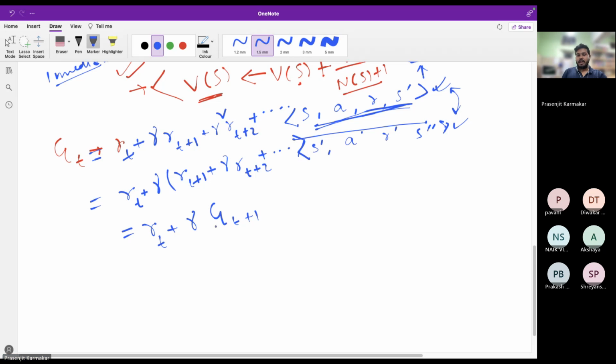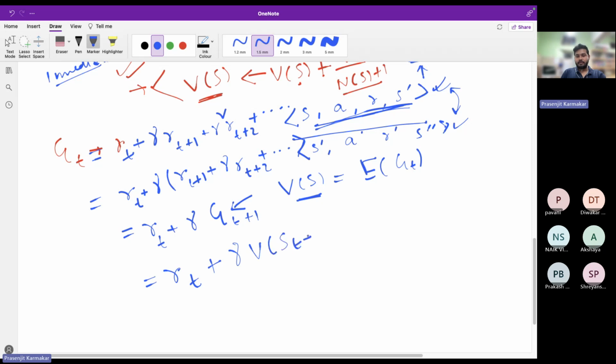And then that approximation comes into the picture: G_t is a high variance estimate of what? Value, right? Value is basically the expectation of G_t, the average G_t. I can replace this with value. That's the approximation part. So your new update equation at t looks like R_t plus gamma V(S_{t+1}).